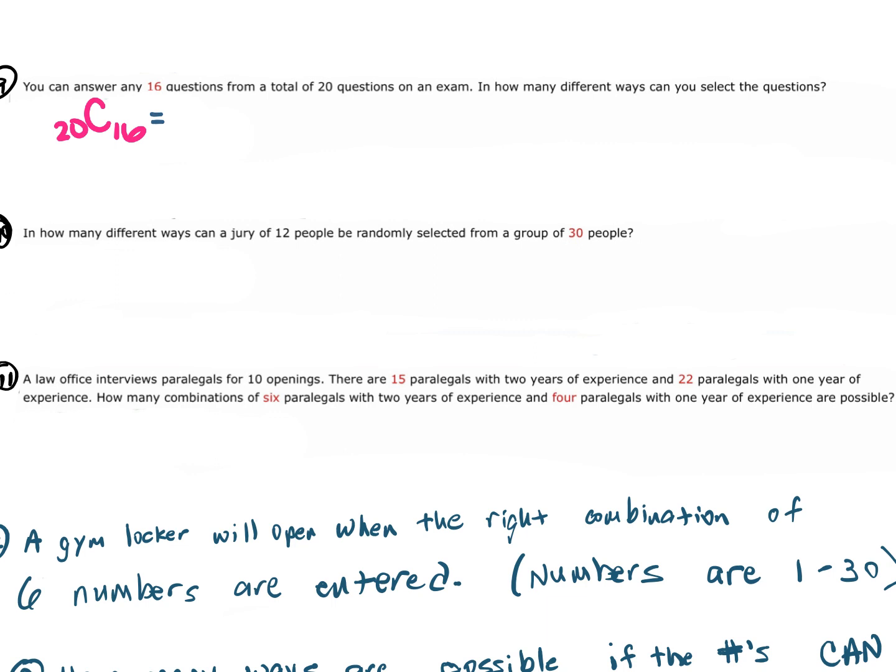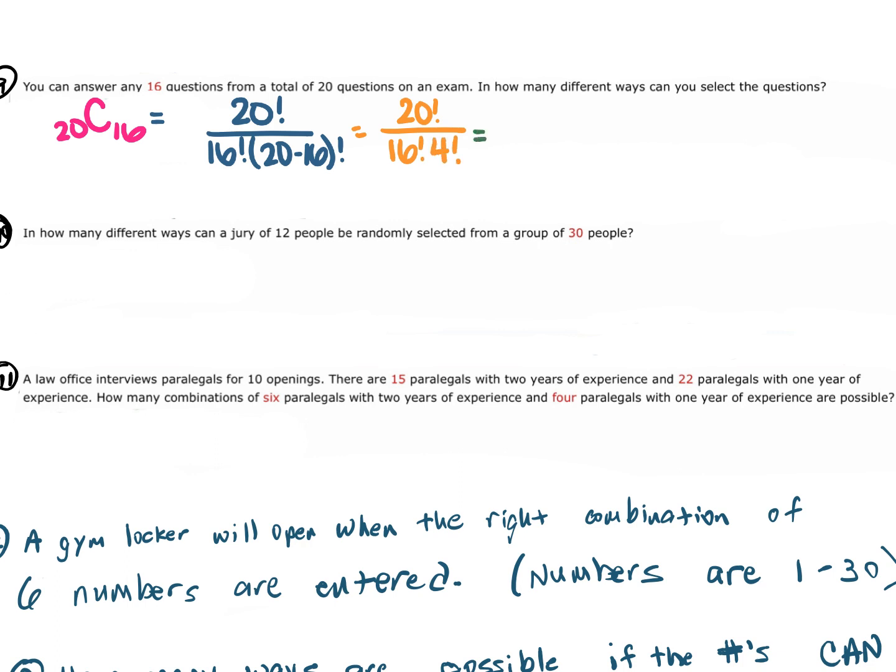So this is going to give you your formula of 20 factorial over 16 factorial times 20 minus 16 factorial. That gives you 20 factorial over 16 factorial times 4 factorial.